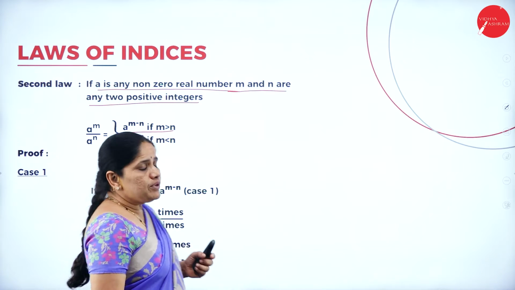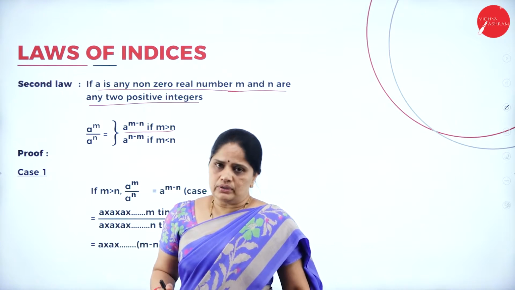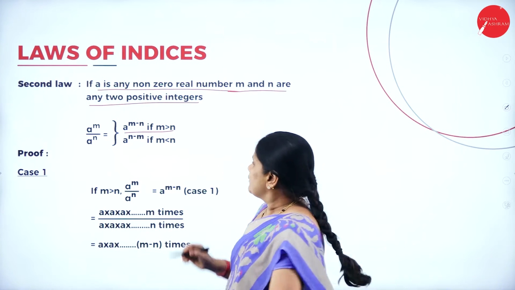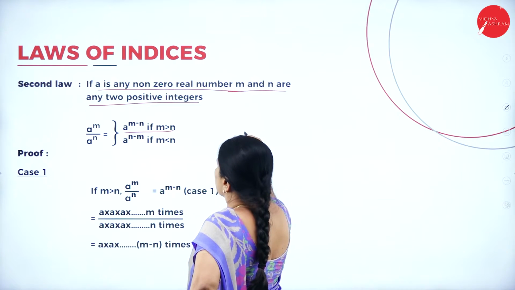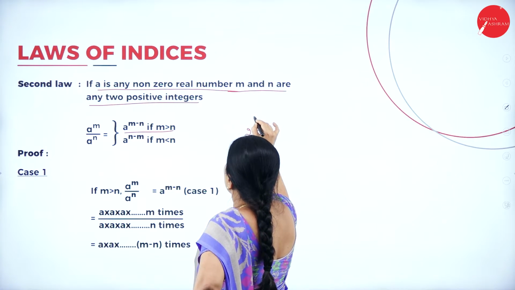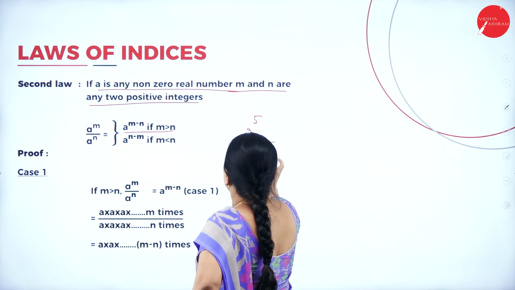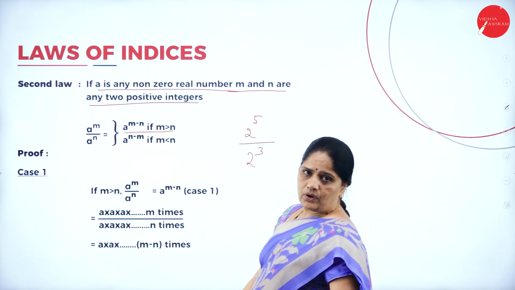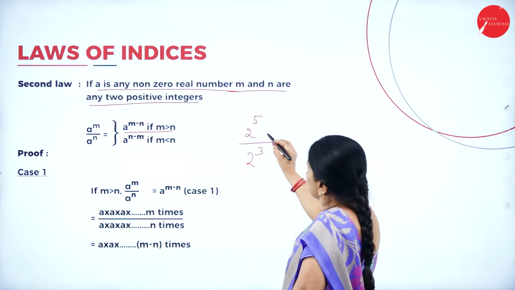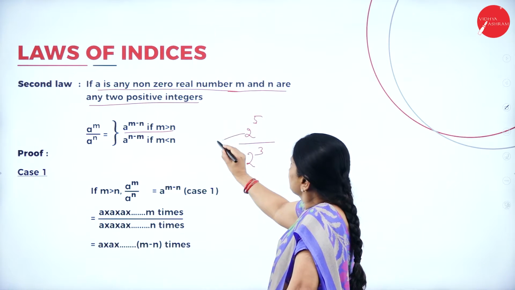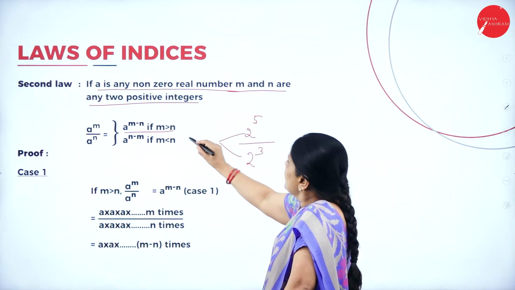Now, suppose you have to divide two indices. For example, suppose I write 2 to the power 5 divided by 2 to the power 3. Here you can see that the bases are common.